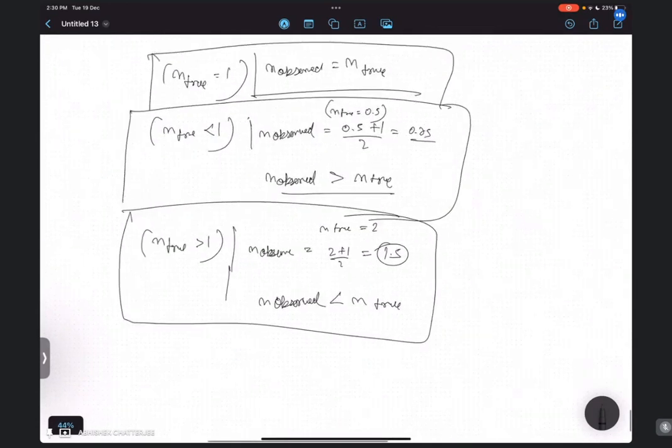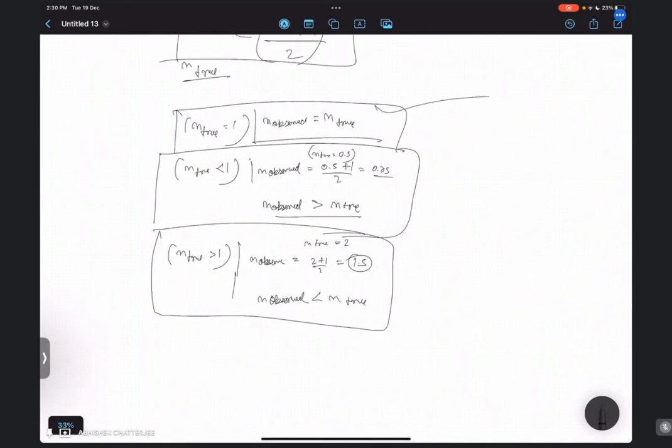So for the first order, the n observed and the n true will be same. If the order of the reaction is less than 1, in that case n observed will be greater than your n true.